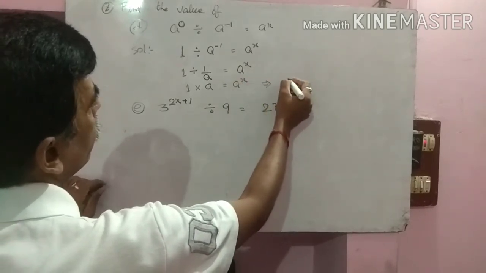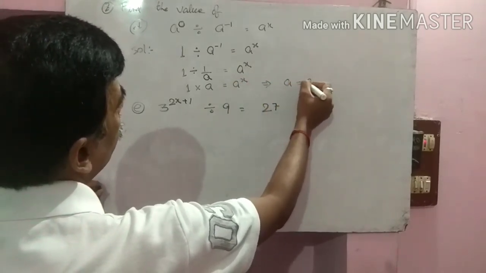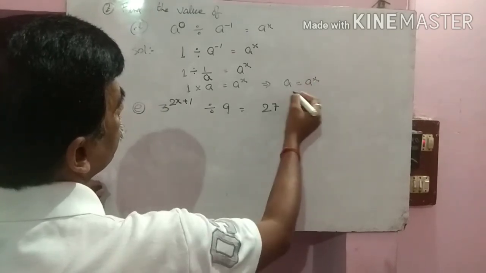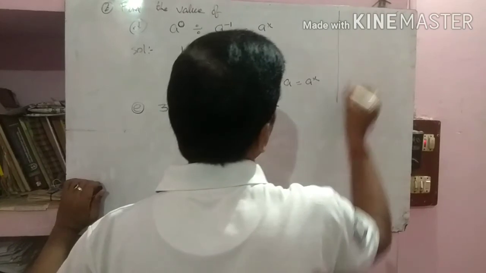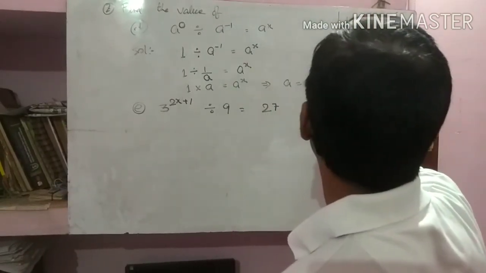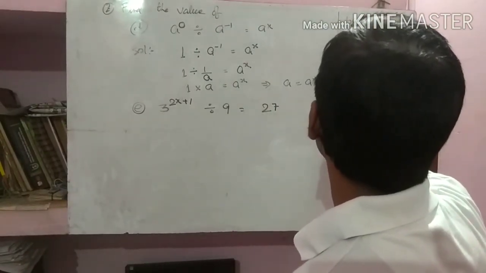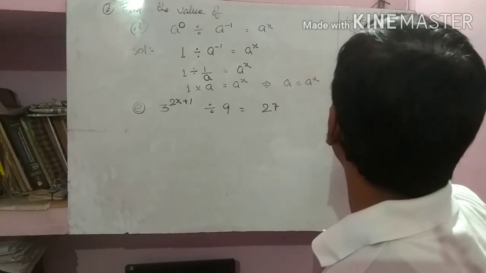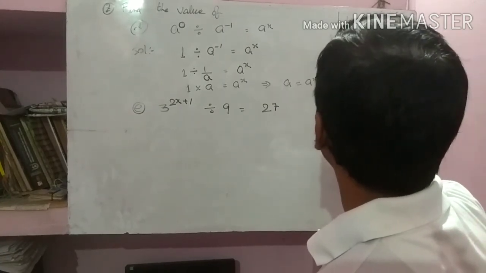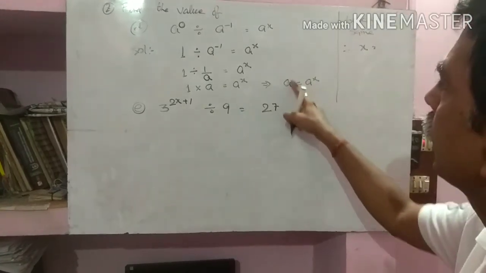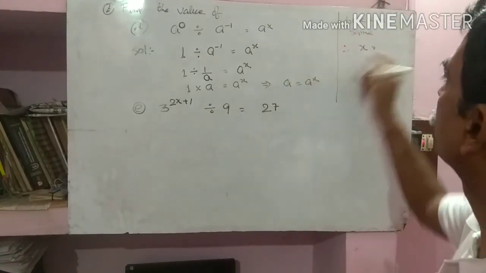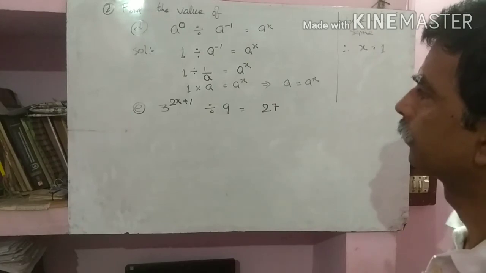So you will get a equal to a to the power x. So you can write, the bases are the same, therefore x is equal to, nothing is written here, which means the power is 1. So x is equal to 1.